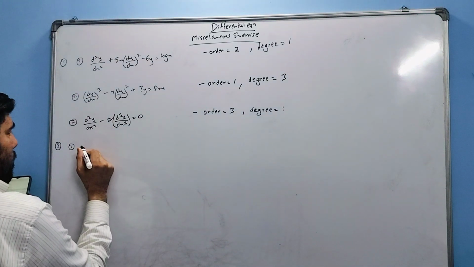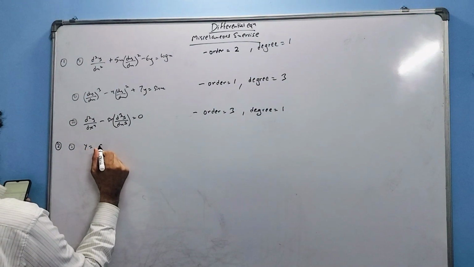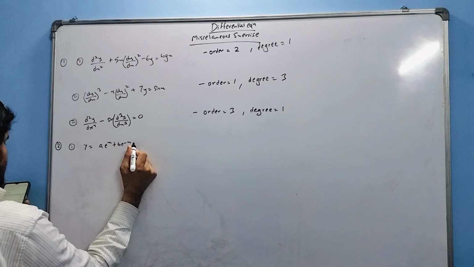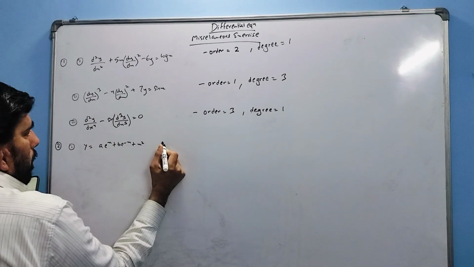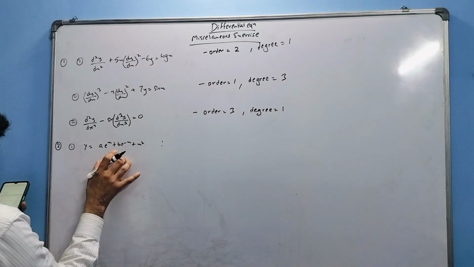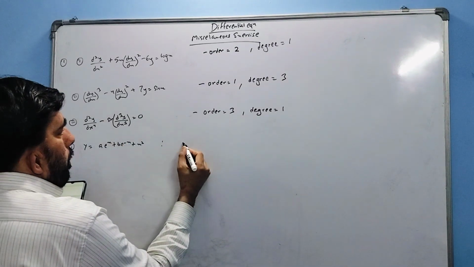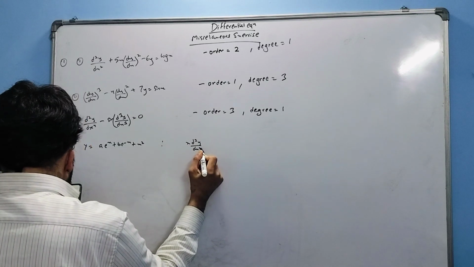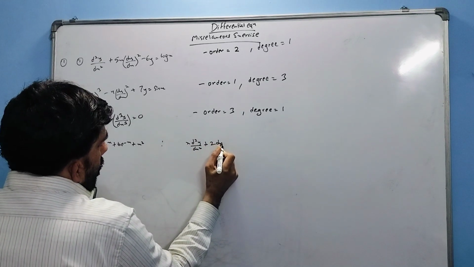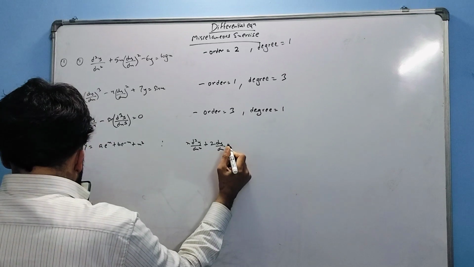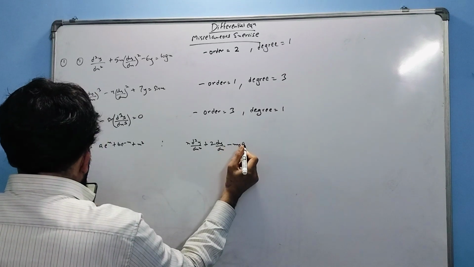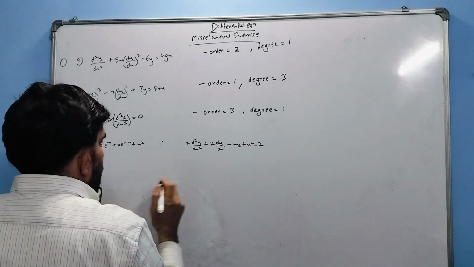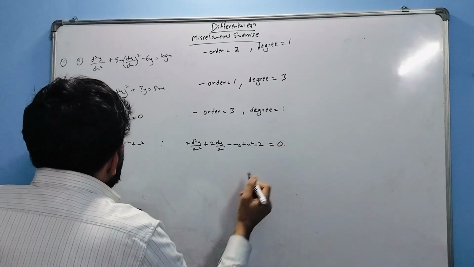In the first part they have given y is equal to ae^x plus be^(-x) plus x square. This is the solution, and we have the differential equation x d2y upon dx square plus 2 dy upon dx minus xy plus x square minus 2 is equal to 0.